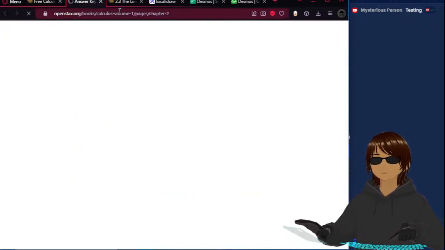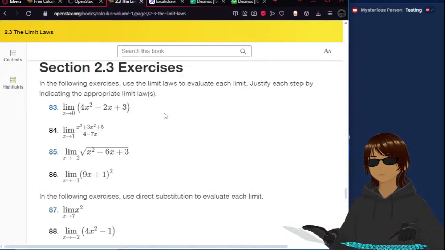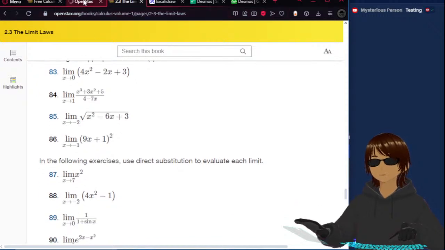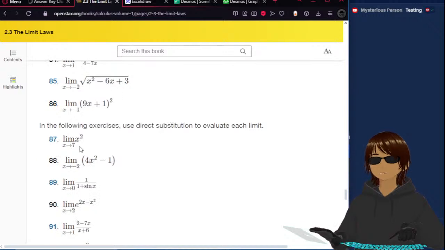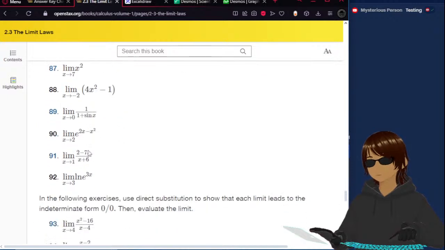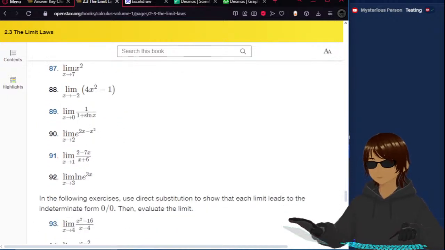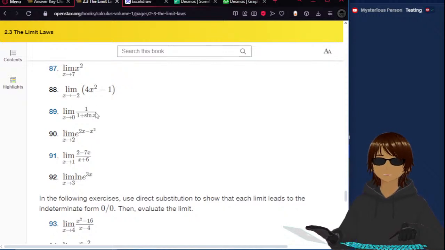83 and 85. The next one, 87. We'll just substitute it. Then for this, sine 0 is 0. So this is just 1. 2 minus 7 over 7.